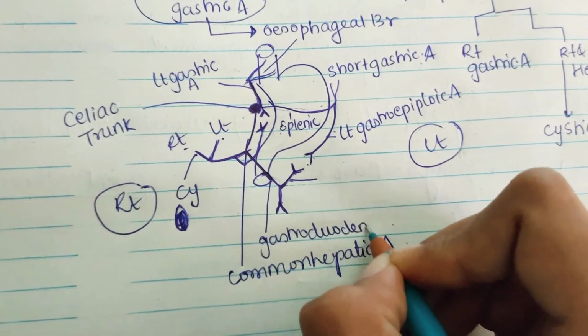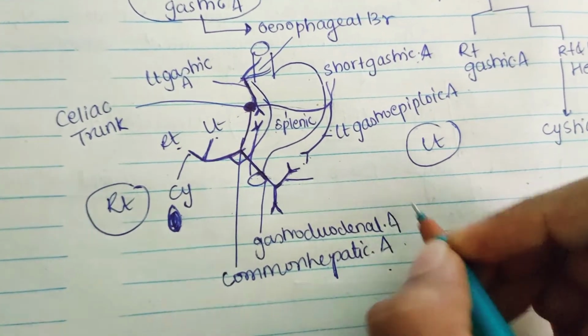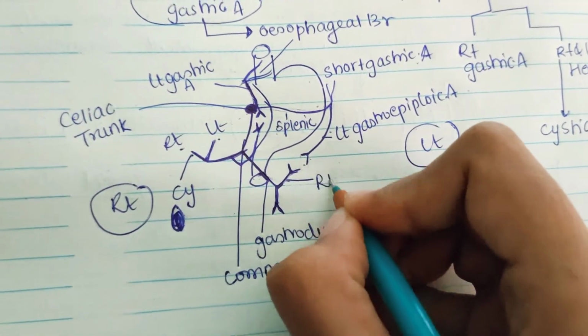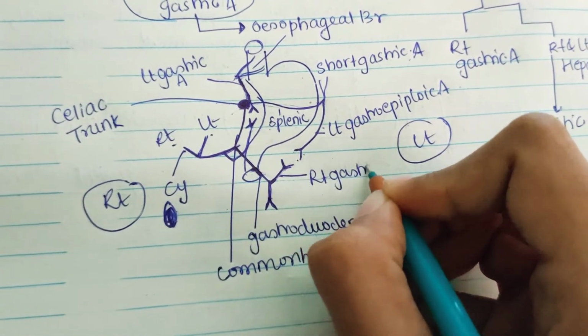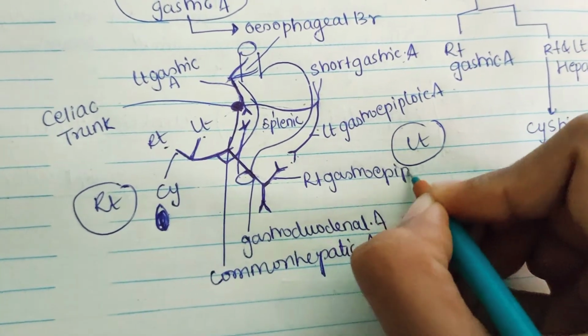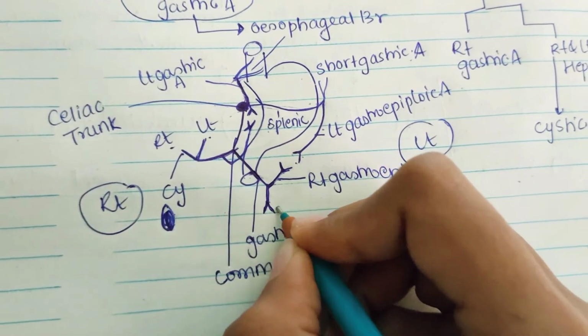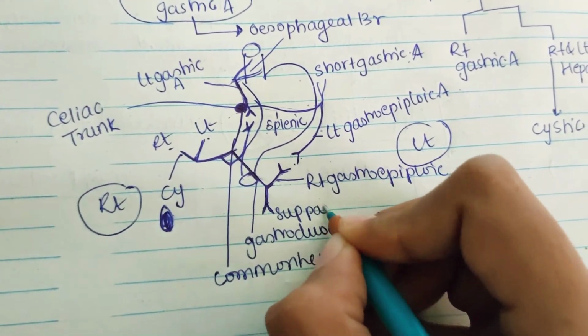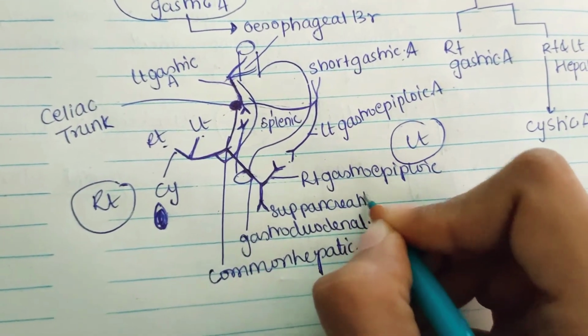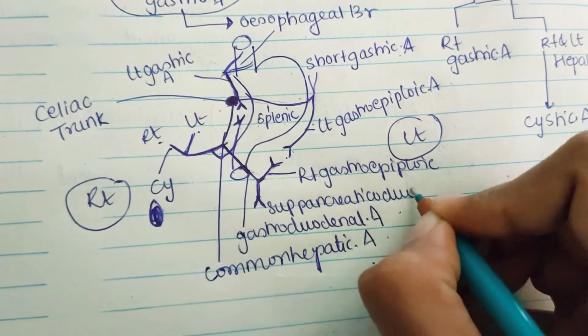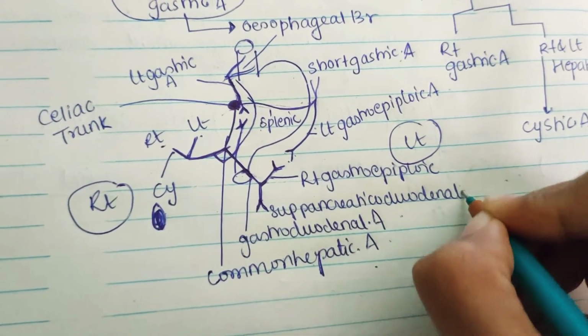This common hepatic artery is divided into gastroduodenal artery. Okay, and this gastroduodenal artery is in turn divided into right gastroepiploic and superior pancreatico-duodenal artery.